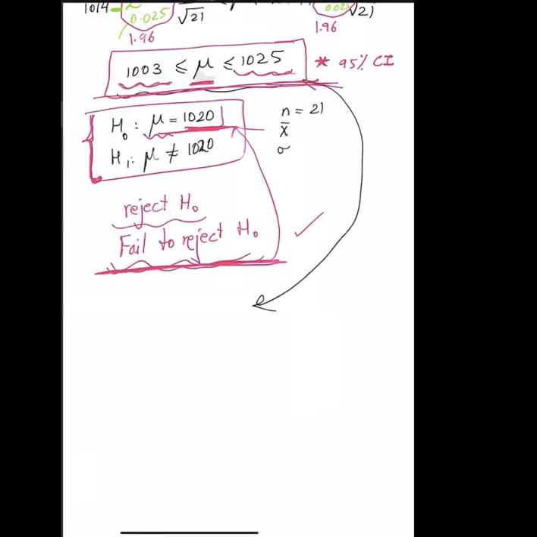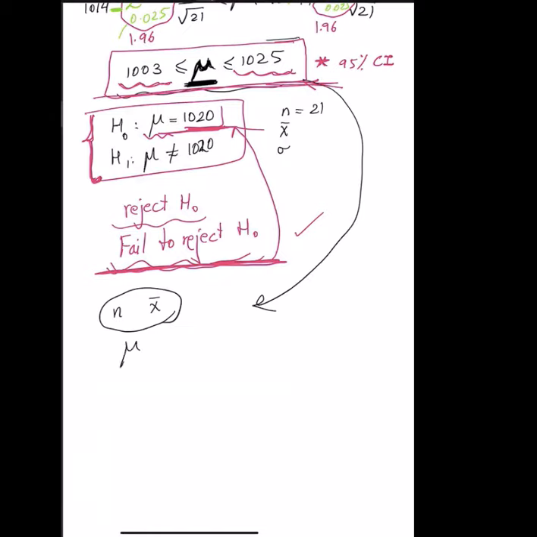No. Mu, the average. I'm not talking about every single light bulb that I get. I'm just talking about the average of the life of these light bulbs that I don't know. I take a sample of size n, and I look at the average of the sample, and I want to make inferences about this unknown mu.